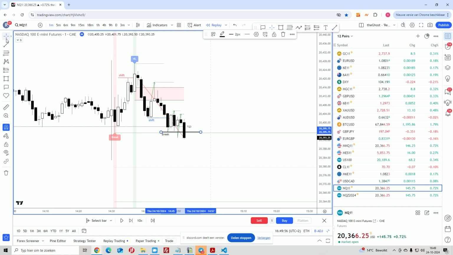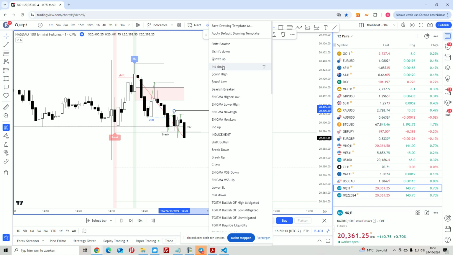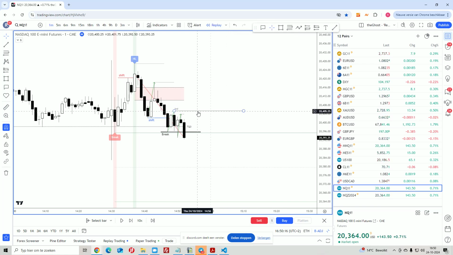Now we have to mark off with a break. We know always we were interested in the highest point between where the break was formed and where it was broken. So we want to see this level, that is the major inducement, inducement down. We want to see price go above this level for our step number 4.